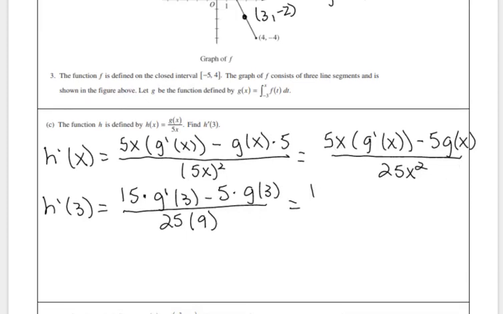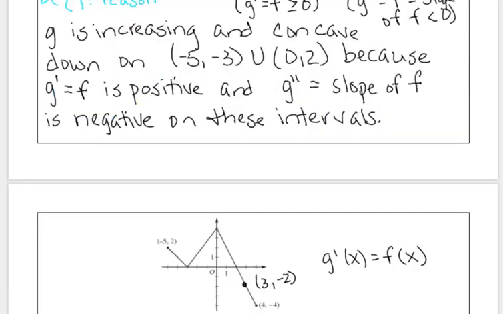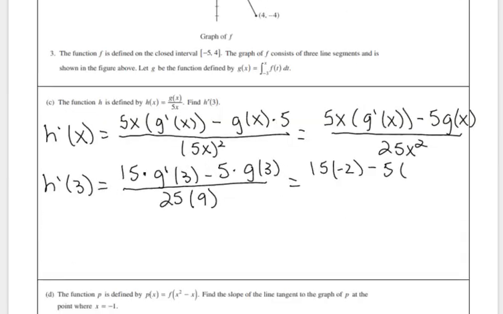So this is going to be 15 times -2 minus 5 times, we need g of 3. Well, g of 3, I think we found in part A. Yeah, g of 3 is 9. All over, let's see, what does that become? 225.